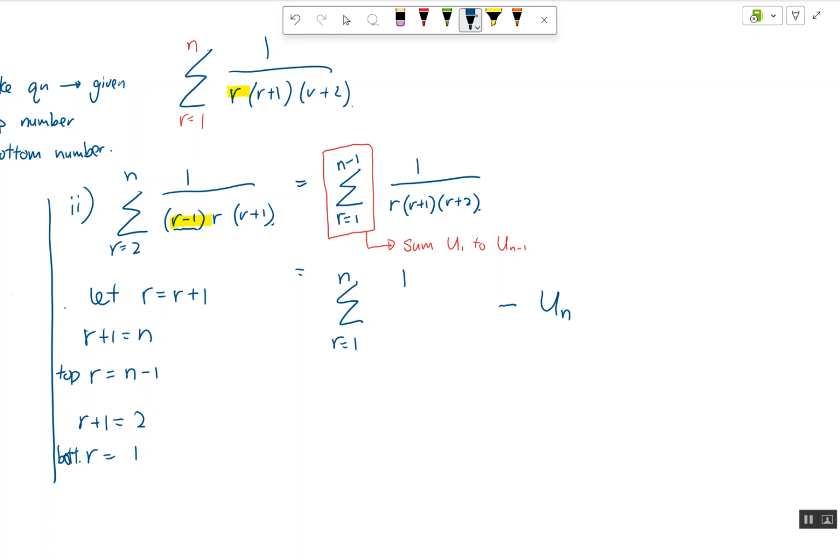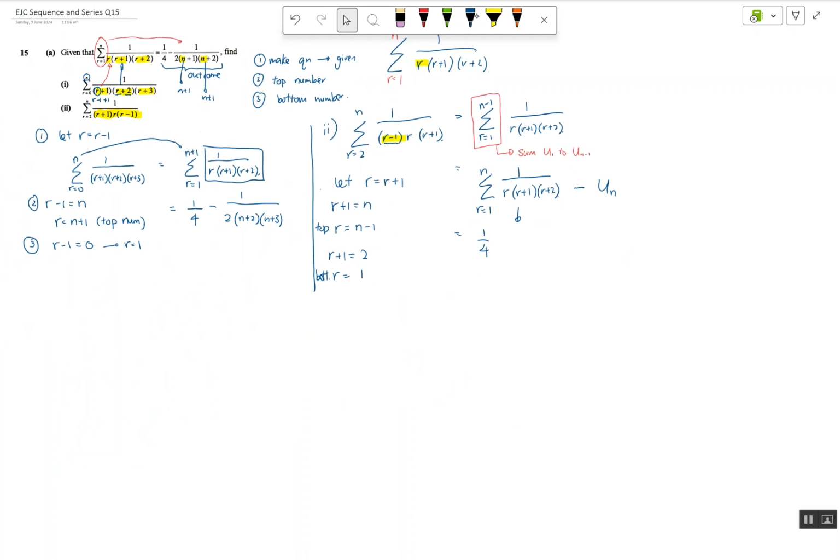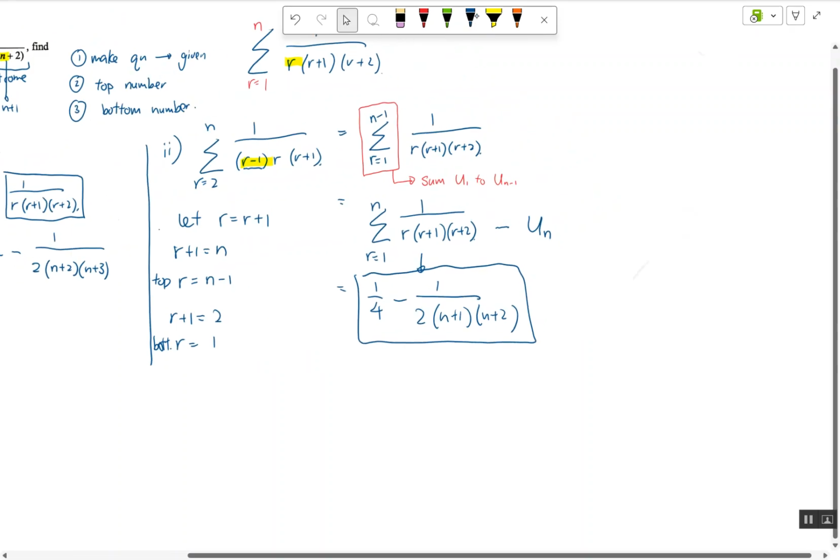So I'm just going to write all the equation over here, or rather the sequence over here. This you are already given, which is in the first part, 1 over 4, let's just look back, top left hand corner, minus 1 over 2, n plus 1, n plus 2. This is the summation of 1 to n, but I only want the summation of 1 to n minus 1.